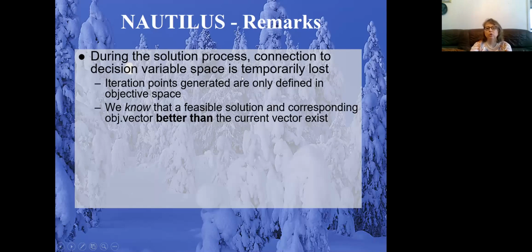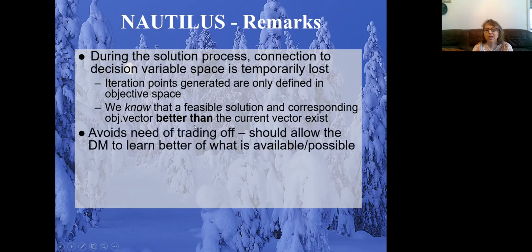In this solution type, we lose the connection to the feasible decision variables during the search, but we know that there always exists a Pareto optimal solution also in the decision space that is better than what we show to the decision maker. So there will be no surprises from that perspective. But the idea is to avoid forcing the decision maker to think of trade-offs.